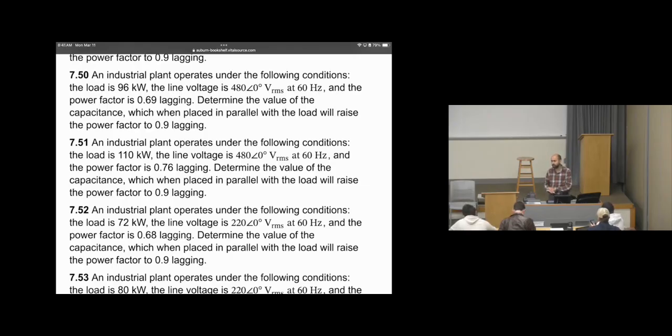up to 0.9. So this is, again, one of the common problems that we see nowadays when we deal with industrial loads. The vast majority of our industrial loads are based on induction motors. The equivalent circuit of these induction motors is based on inductors.